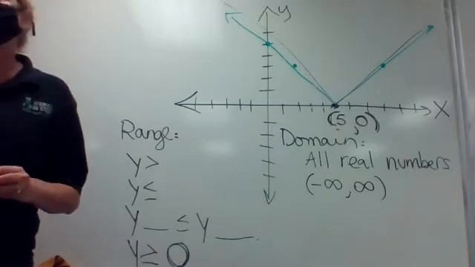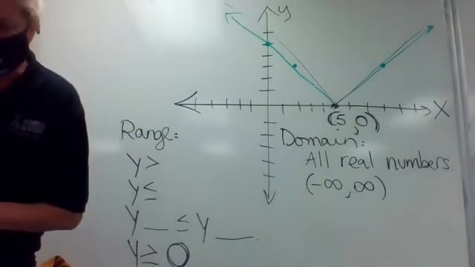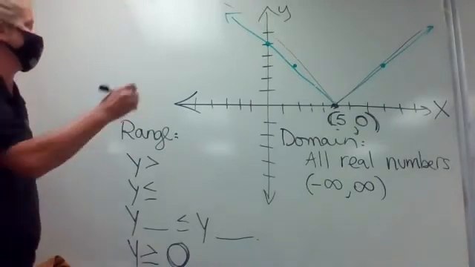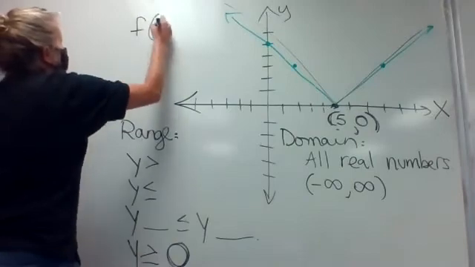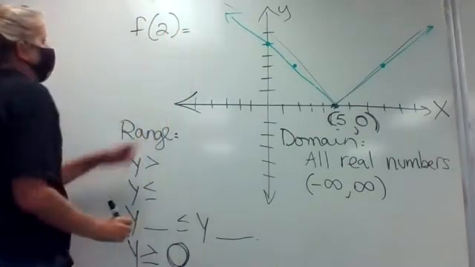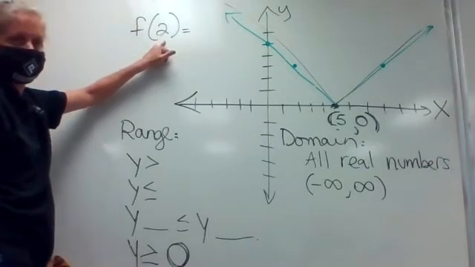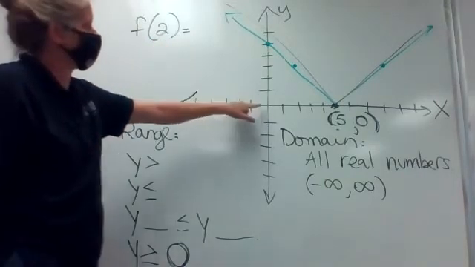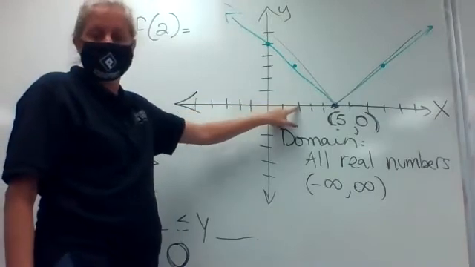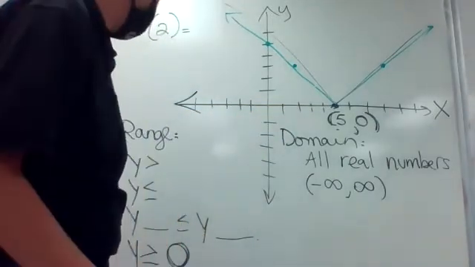And then it asks me those other kinds of questions. Like this, the first part of this is what is f of 2? Which means what is your y when your x is 2? So here's where x is 2. Go touch your graph from there.